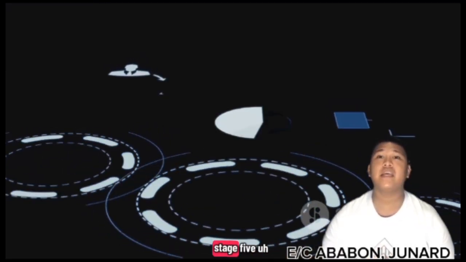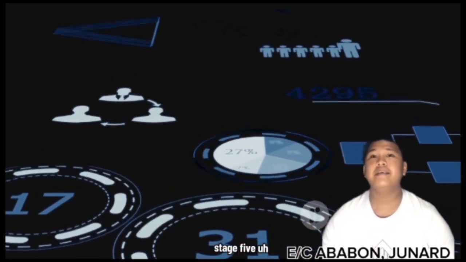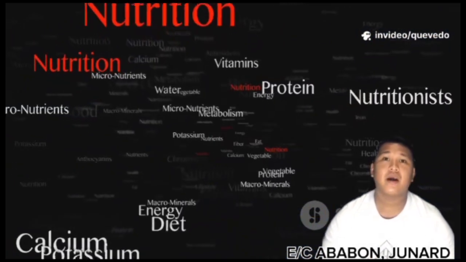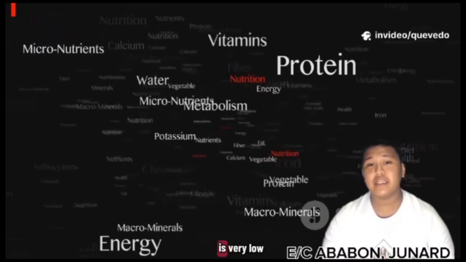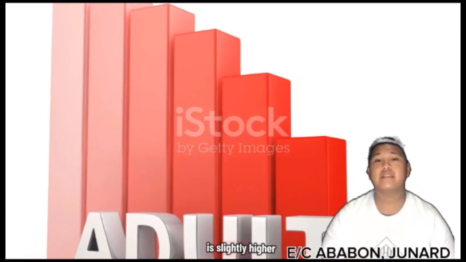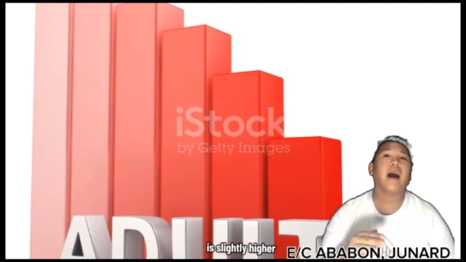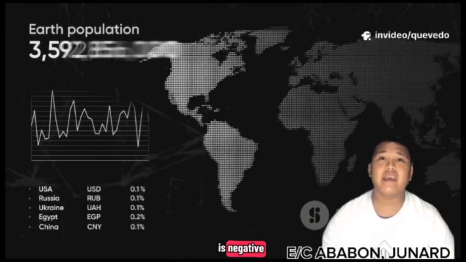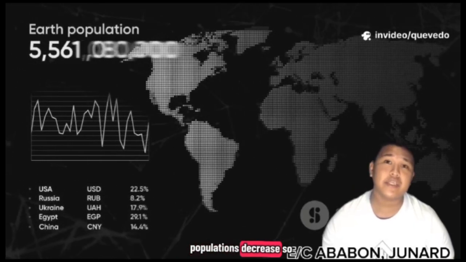The fifth one is stage 5, the declining stage or new stage. Birth rate is very low and death rate is slightly higher, and population growth is negative. Populations decrease.